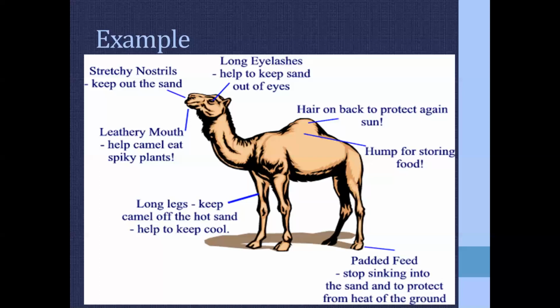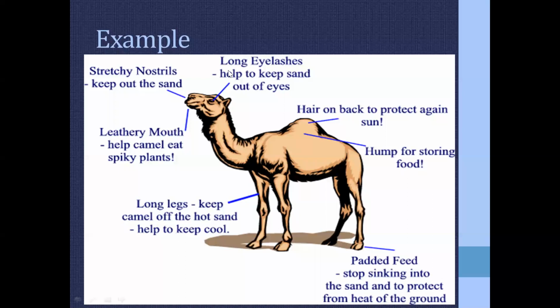Then long legs. Long legs keep the camel off the hot sand and help to keep it cool. Got it? Means when the camel has to walk during the daytime, it keeps the hot sand off, and it helps to keep it cool.